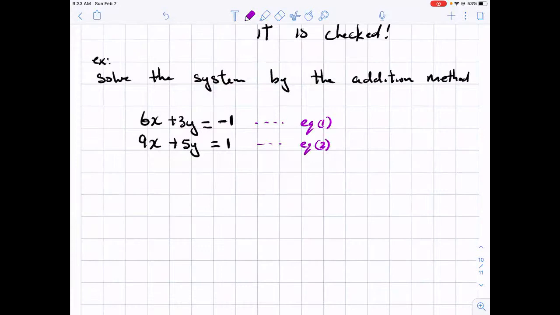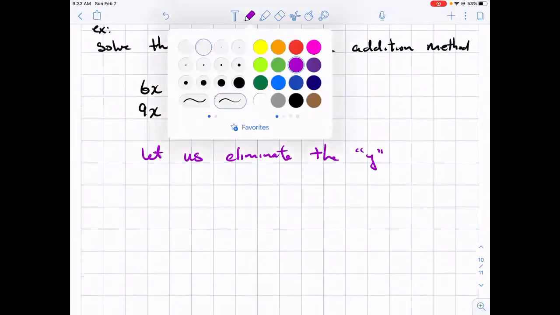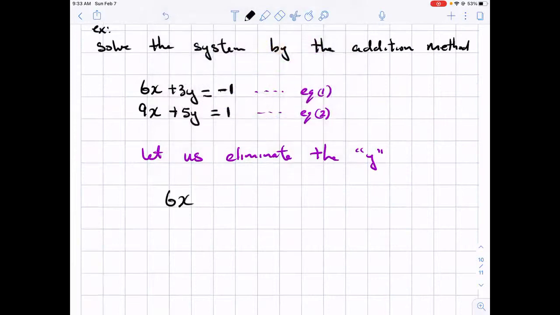So I have decided, let us eliminate the y's. In this scenario, we have 6x plus 3y is equal to negative 1, and 9x plus 5y is equal to 1.